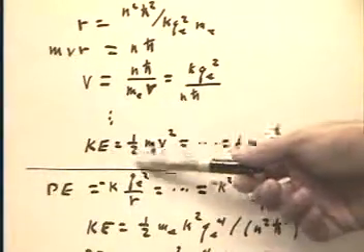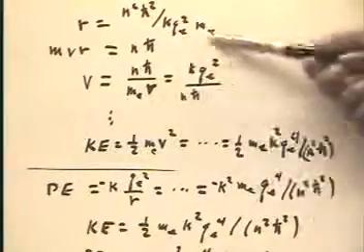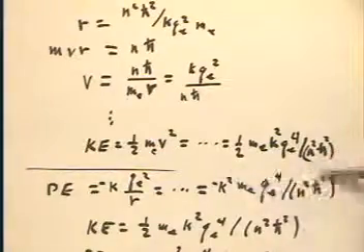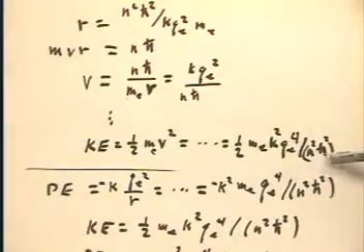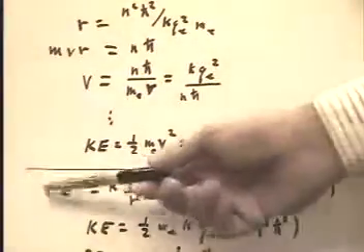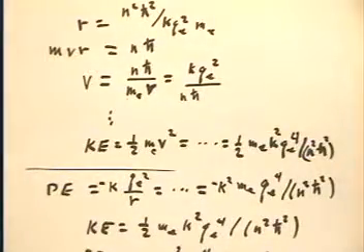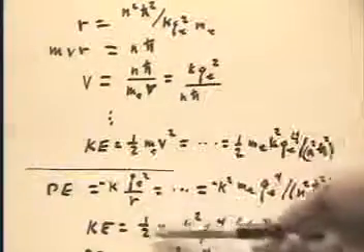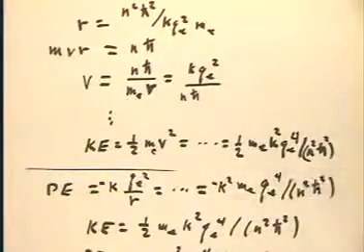Then the kinetic energy is 1/2 me v squared, and if we just put in this expression for v and do the algebra, we see that the kinetic energy is equal to this expression: 1/2 me k squared qe to the 4th over n squared h bar squared. The potential energy is negative k qe squared over r, as we saw earlier. And if we plug in this expression for r here and do the algebra, we end up with this.